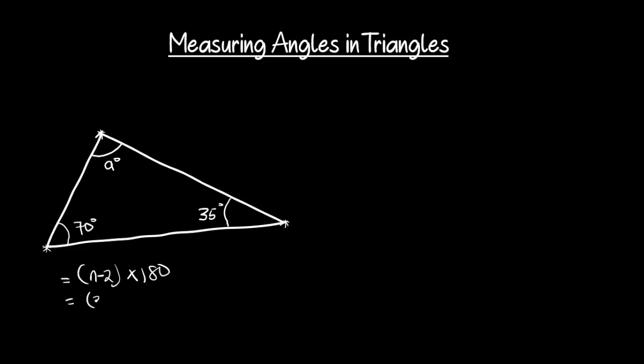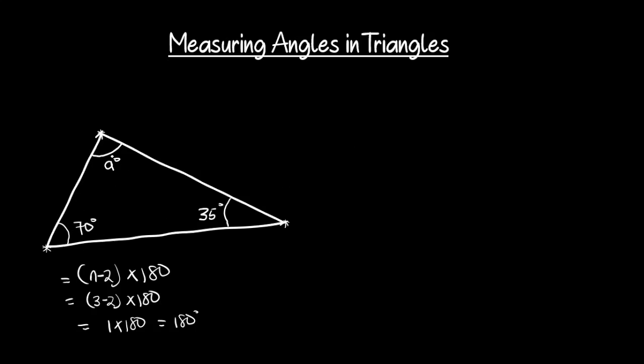So here it will be 3 minus 2 multiplied by 180, and 3 minus 2 is 1, multiplied by 180, and this is equal to 180. So that is how come if we add all the angles we get 180. If it were a 4-sided, 5-sided, or 6-sided polygon, the angles would be different. It would not add up to 180. But since we are looking at triangles today, let's continue.